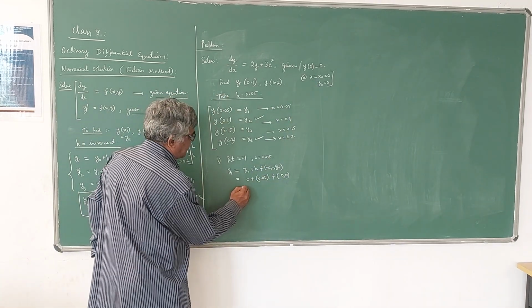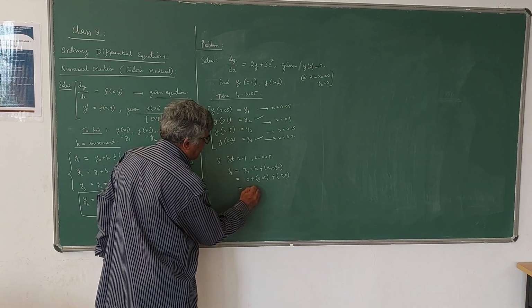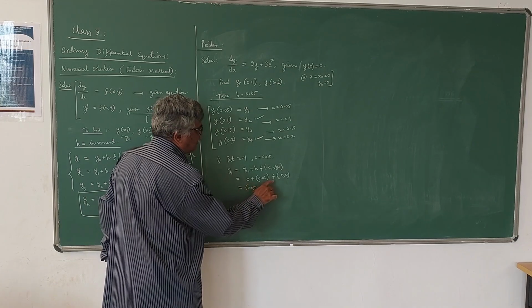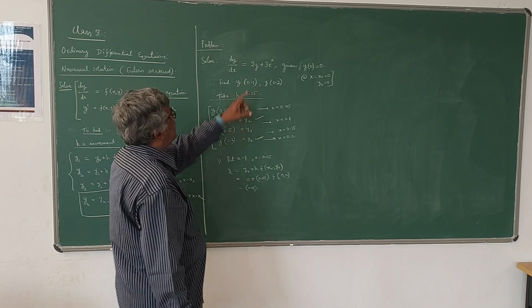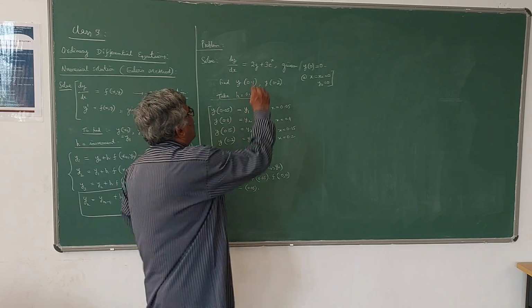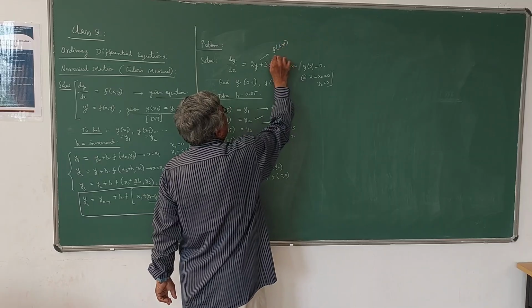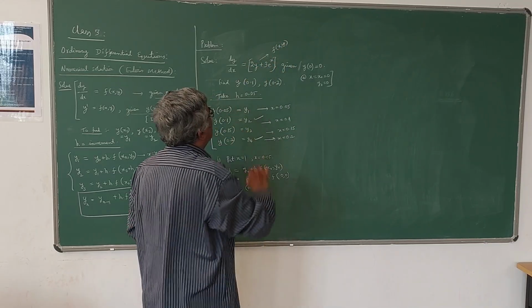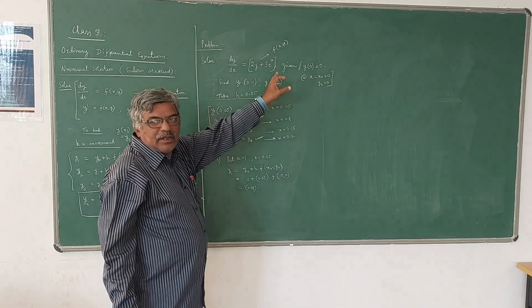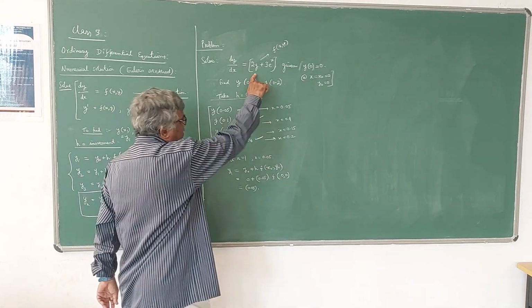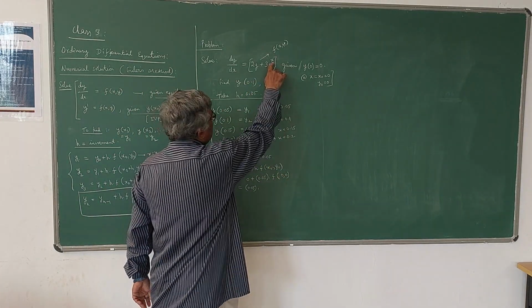Now this is 0, this is 0.05 into function of 0 comma 0. In this problem, f of x comma y is 2y plus 3e power x. So put y is equal to 0 and x is equal to 0 in this.